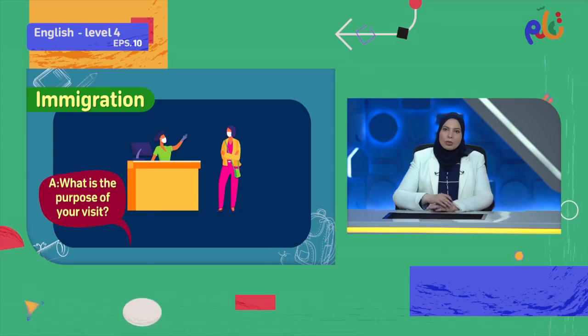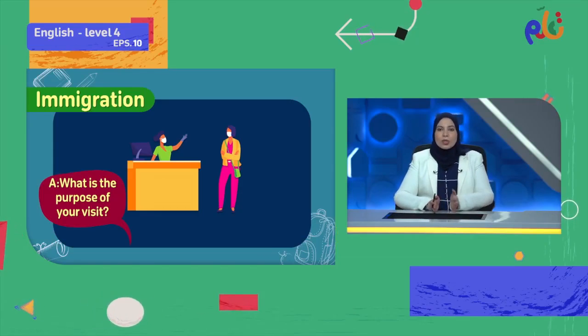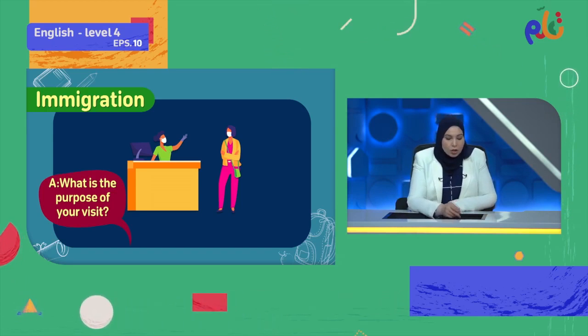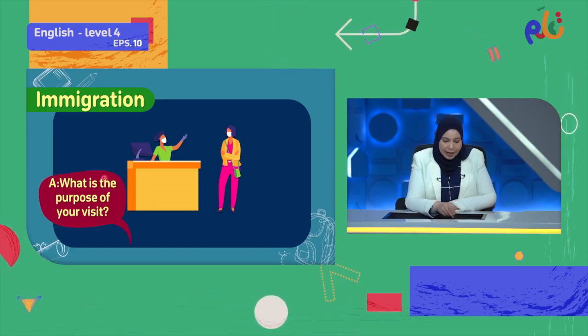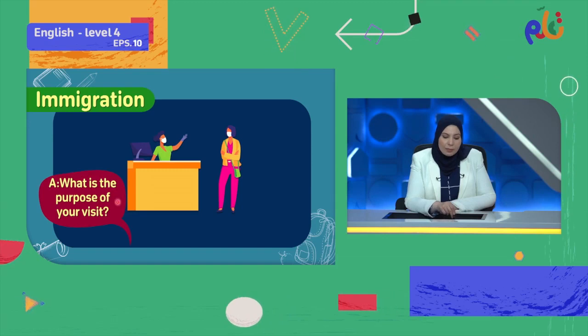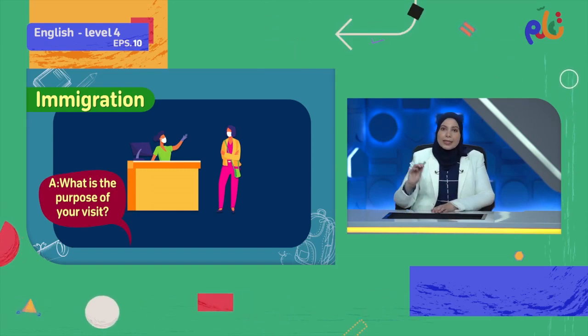So now let's look at the conversation and how it goes between me and the immigration officer. So here we have A, what is the purpose of your visit? This is who? This is the passenger or the immigration officer? Like we started, it was the immigration officer.